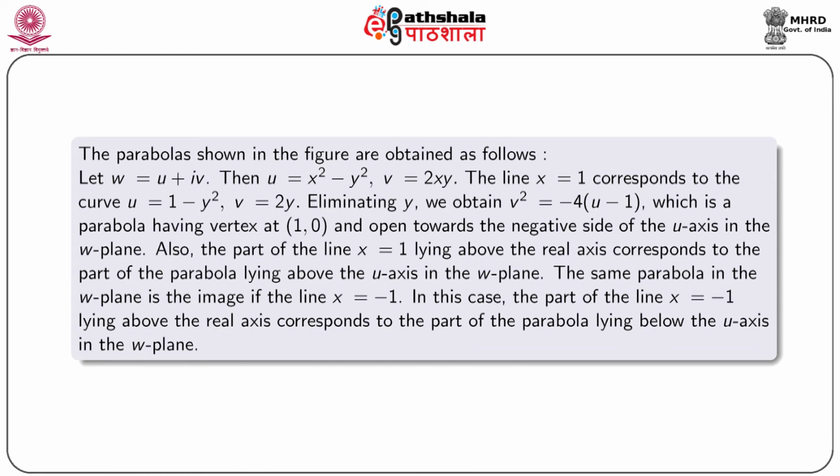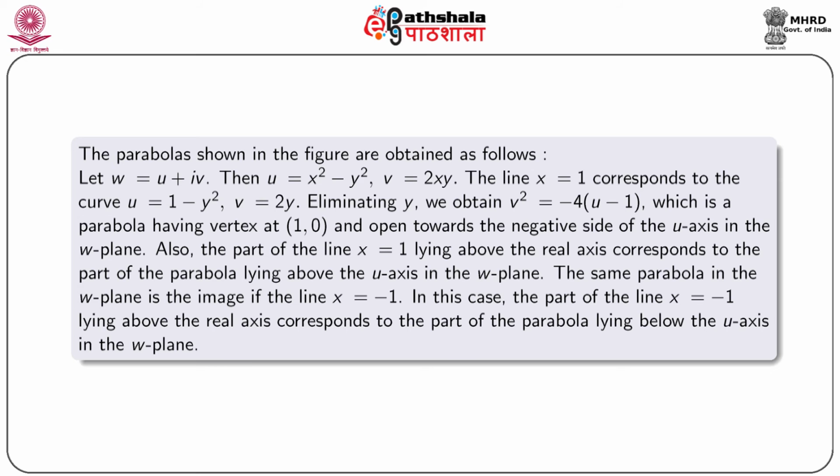The parabolas shown in the figure are obtained as follows. Let w equal to u plus iv, then u equal to x square minus y square and v equal to 2xy, because w equal to z square. The line x equal to 1 corresponds to the curve u equal to 1 minus y square and v equal to 2y.